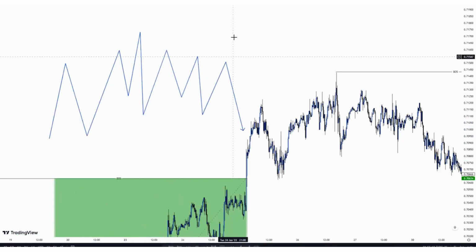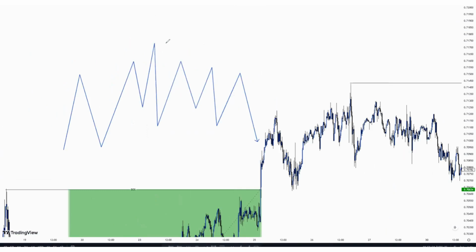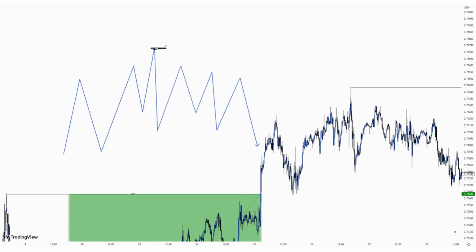Now the first thing is you have that high there. Which low created this high? This one. So that is the change of character. The moment this low that created the highest high is taken out, that's a change of character. Then after the change of character, you expect a pullback. So your entry was supposed to be there.